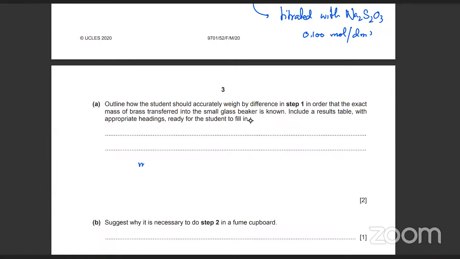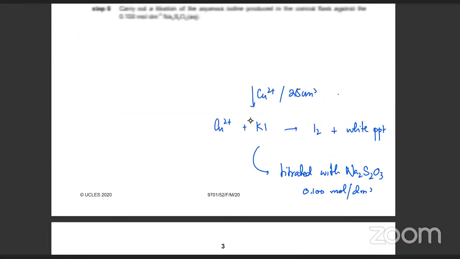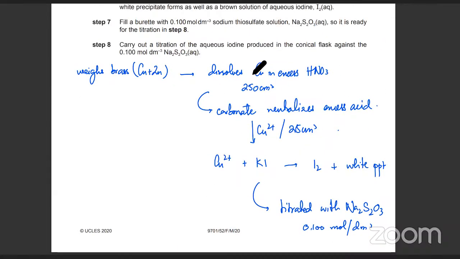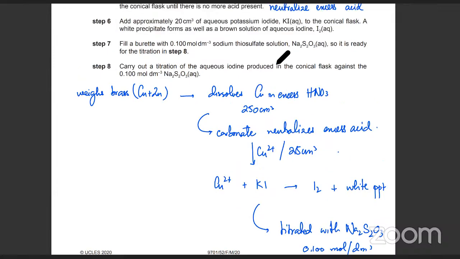So he had added the brass into a boat. So there's mass of boat plus brass / grams. Then the other heading of the table would be what he did after weighing it: he transferred it into a container.